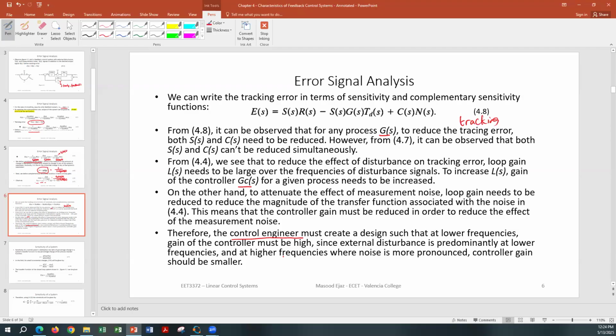So what type of system is that where you have high gain at low frequencies and low gain at high frequency? It's a low pass type of filter, low pass type of system. So if you create G_c(s) such that it acts as a low pass type of filter, then you will successfully be able to reduce the effect of both T_d(s) and N(s) on the input signal.